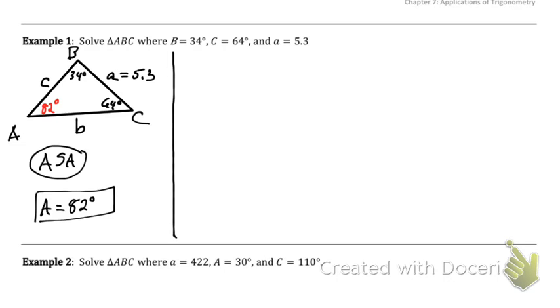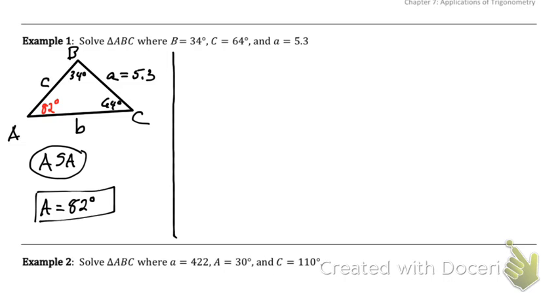All right, now we're going to use the formula from the other side, the one that readjusted. So the first thing I want to find is which one of these do I know the side and the angle opposite? Well, I only know one side is 5.3, so hopefully I know the angle opposite. I do. This is going to be the key to finding all the other ones. So we always start with the side I know that has the opposite angle that I know.